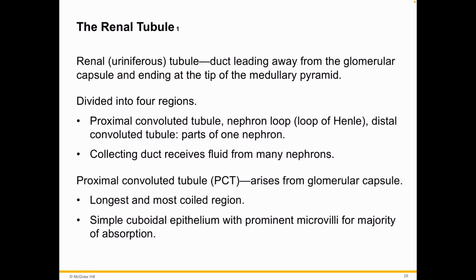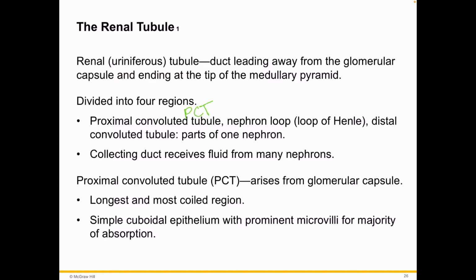The renal or uriniferous tubule is the duct that is leading away from the glomerulus, and it's going to dip down into the tip of the medullary pyramid, depending on which type of nephron you've got. It's divided into four regions. So we have a proximal convoluted tubule, think of it as the PCT, right?